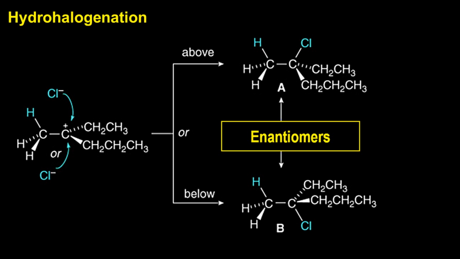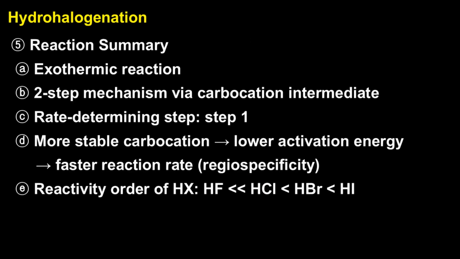This gives us 2 different 3-dimensional arrangements, and they're mirror images of each other. In other words, they're enantiomers. So even though the reaction isn't stereoselective, the stereochemical outcome still does matter. What you get is a racemic mixture, equal amounts of 2 enantiomers that are both optically active, but together, they cancel each other out.